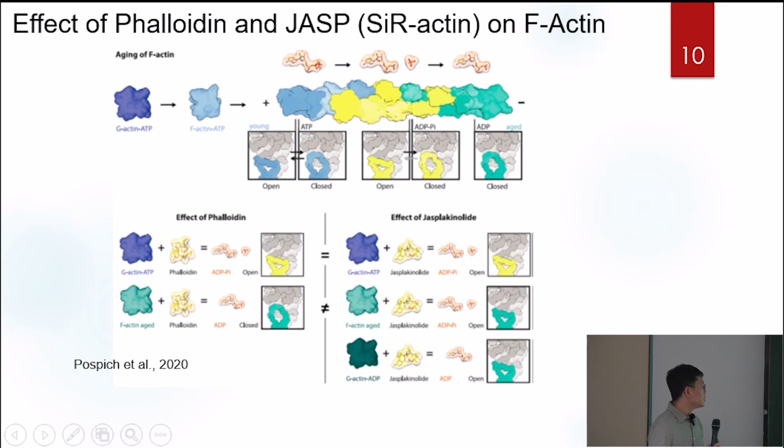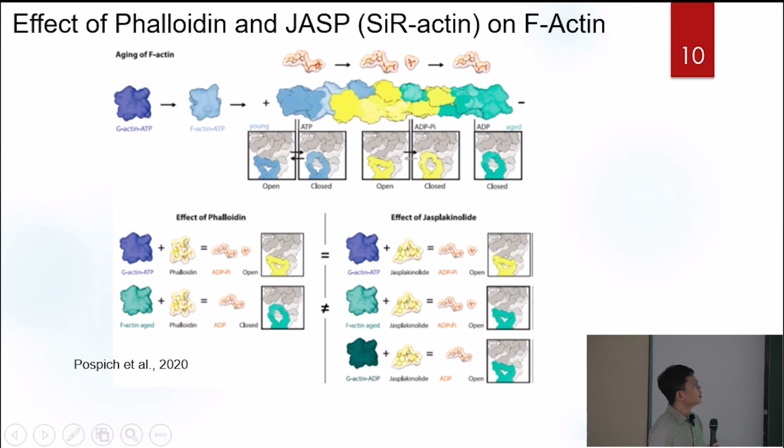They also have different effects on the F filament. For phalloidin, if it binds to ADP-bound actin, it keeps them in the closed form, so they cannot change back to the open form. But for SiR-actin, it keeps everything in the open form. But the key step to stabilize F-actin dynamics is here: when ATP hydrolyzes to ADP and the phosphate, they gradually go from the open form to the closed form.